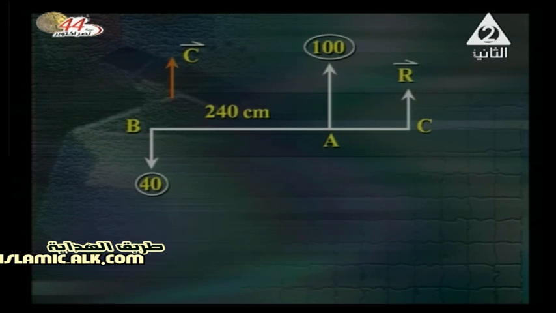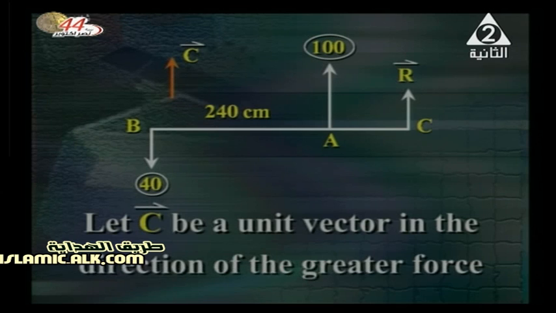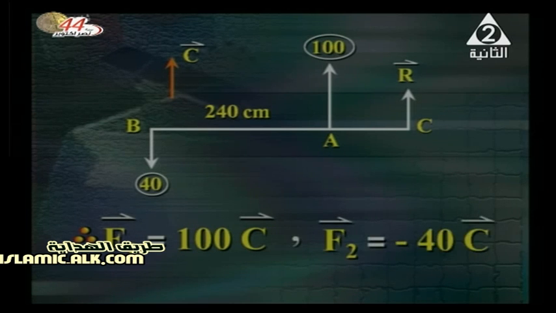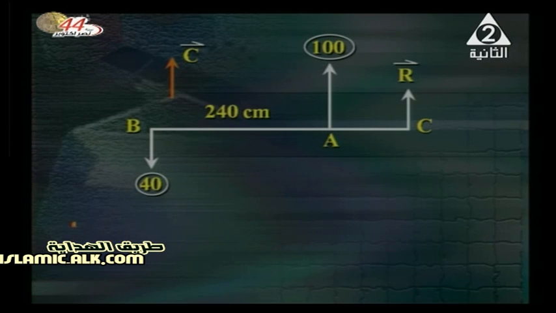Remember, dear student, C is the unit vector in the direction of the greater force, which is the direction of the resultant force. F1 in this case equals 100C, and F2 is in the opposite direction, so it equals negative 40C.